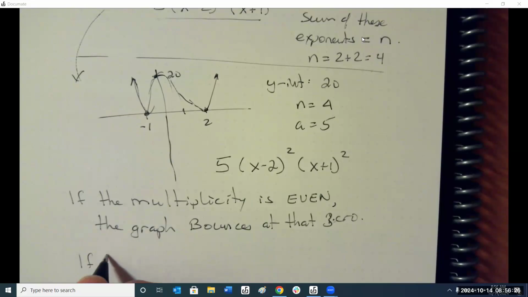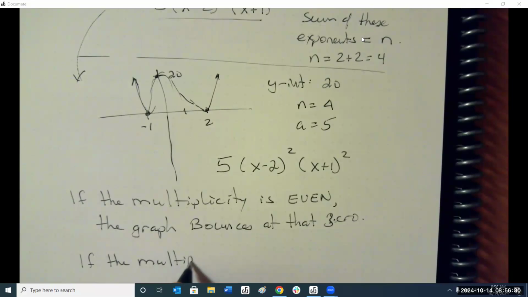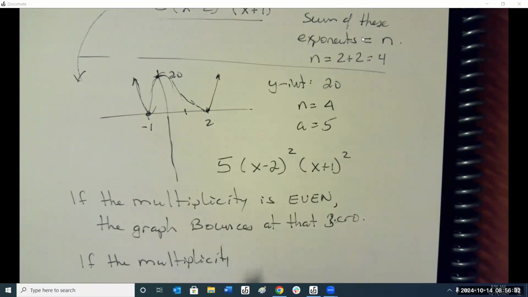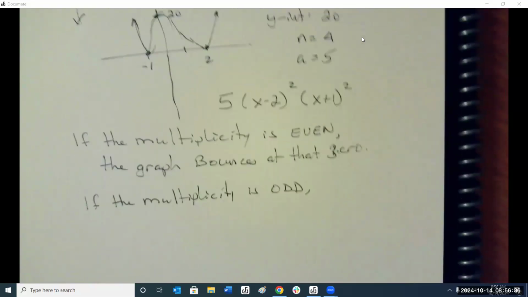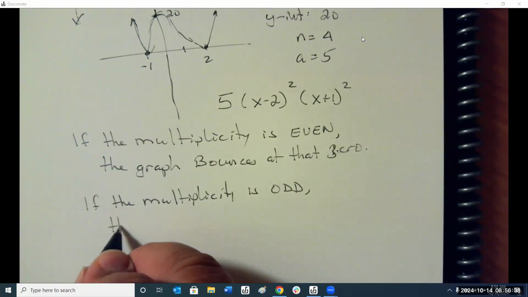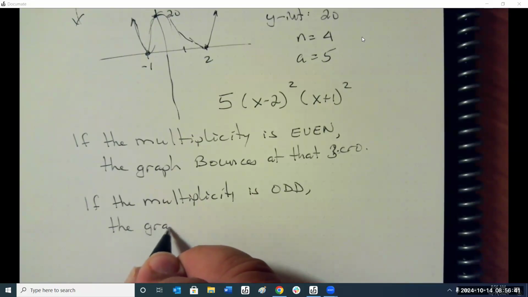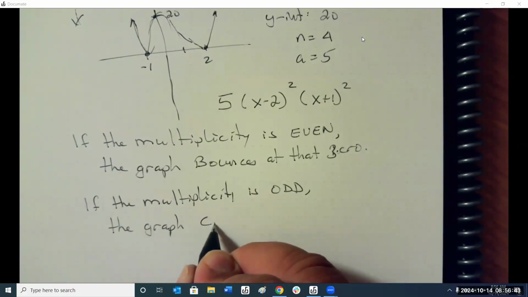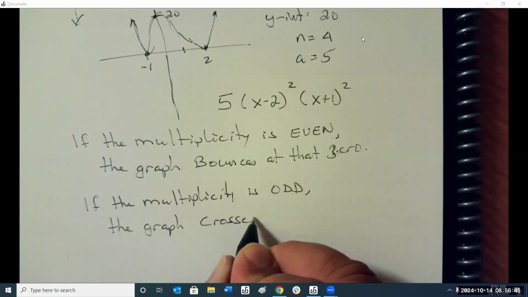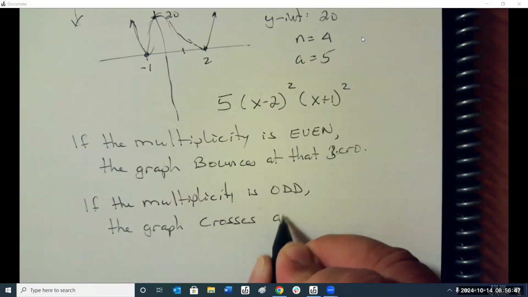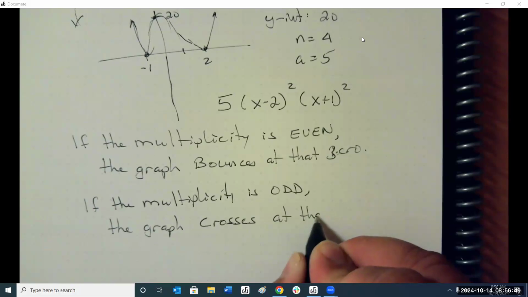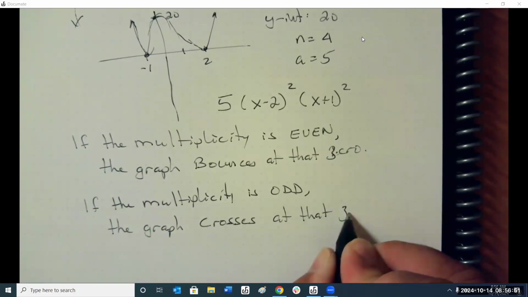If the multiplicity is odd, the graph crosses at that zero.